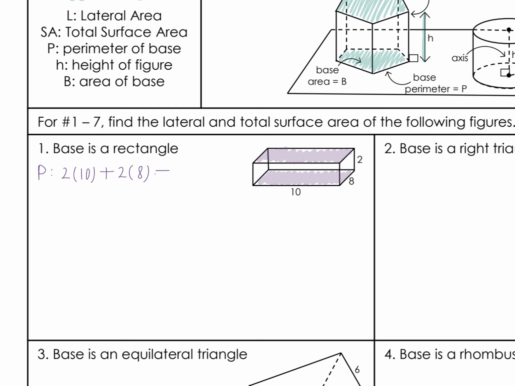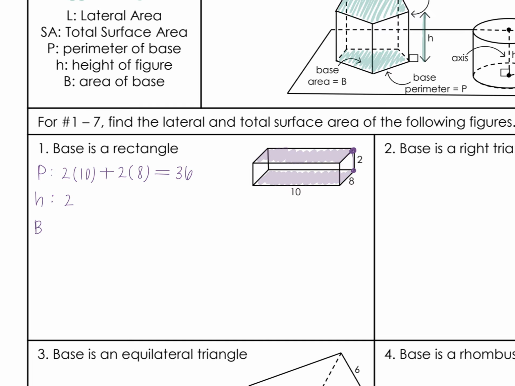So I get 20 plus 16, which will give me 36. Then moving into my H, the highlighting is very helpful for this part because I'm looking from highlighter to highlighter. How far apart are these 2? They tell me that that is 2.